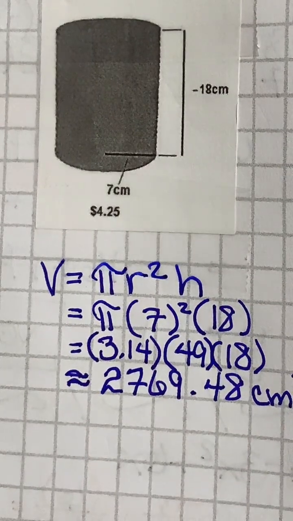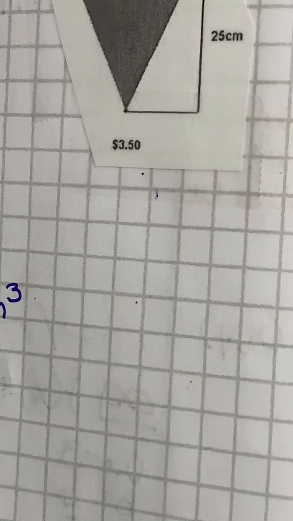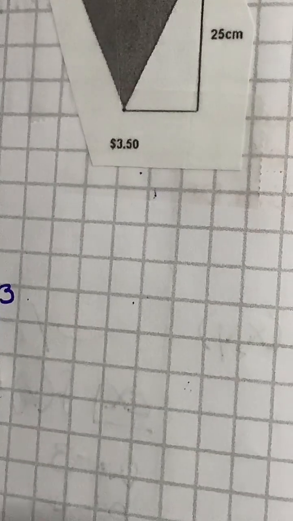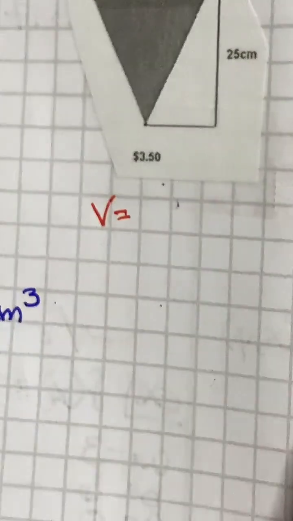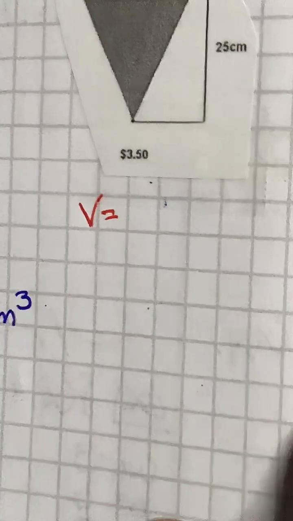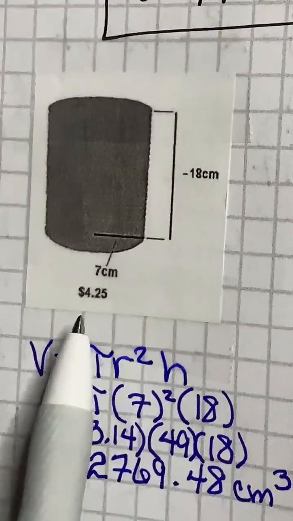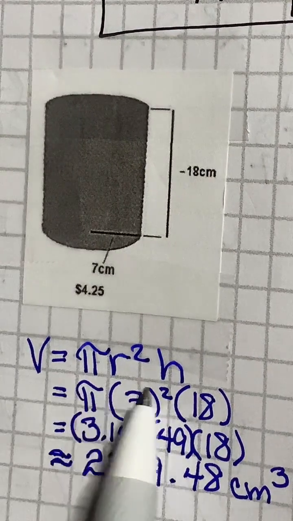And then the last one. So we got our volume. So remember, it's a cone. So it's very similar to what we did for the cylinder, but we're just dividing this by 3.